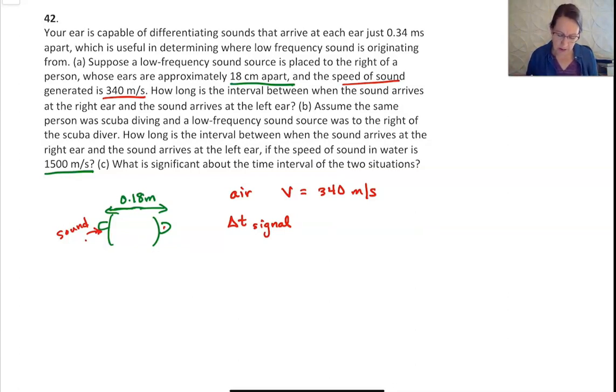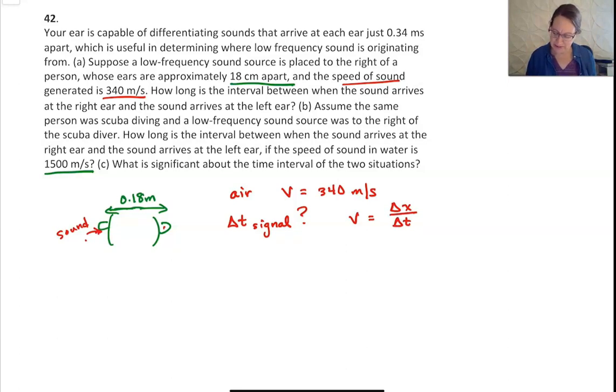How long does it take? If we're going 340 meters a second and we're looking at a distance of 0.18 meters, there's no acceleration here, so this is fairly straightforward. We say speed is delta x over delta t. This should feel like day one again.